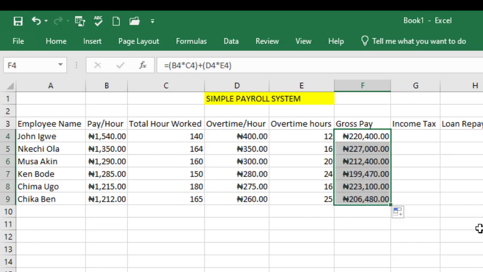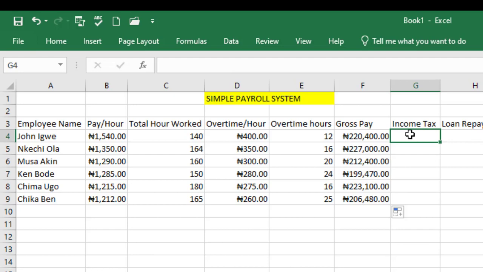Now this is the gross pay. Having gotten the gross pay, we have to calculate the income tax for each individual, starting with John Igwe. And so let's say the income tax of everyone here is 0.2% of their pay.